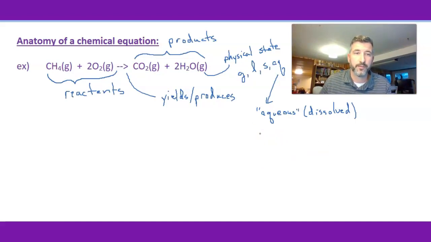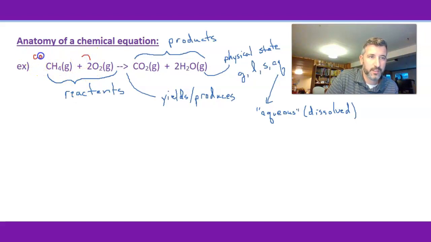So for example, you might look at this and describe this as CH4, carbon tetrahydride gas, reacts with oxygen gas to produce carbon dioxide gas and water vapor or water gas. Also, the one thing I almost forgot to mention here is the coefficients.